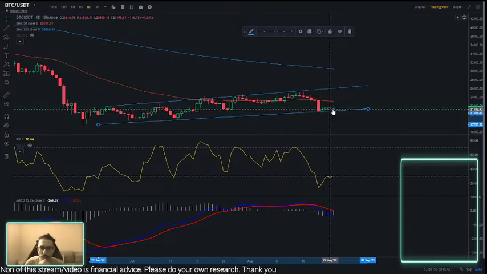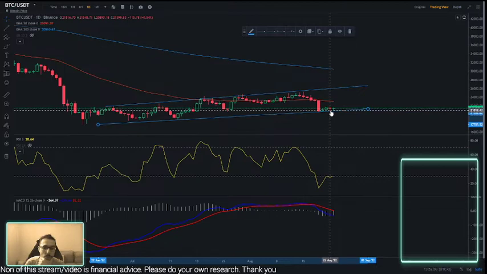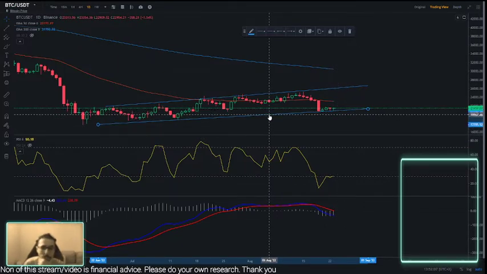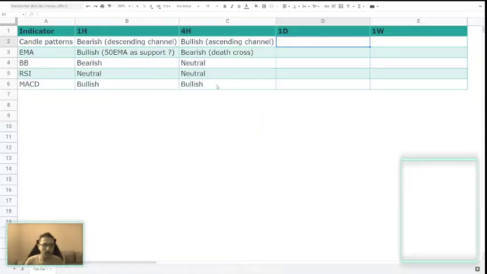So that could lead to either a huge pump to the top or a strong breakout to the downside. So it is pretty hard to say. I'm going to put neutral because I don't know how to interpret this, plus I'm not sure this is very true. But I believe this is an interesting construction we can see here.